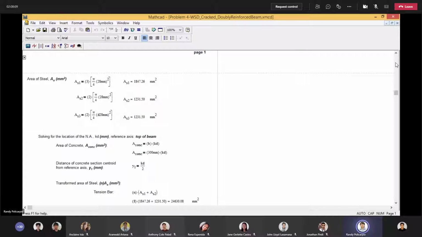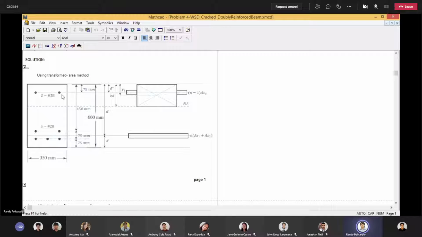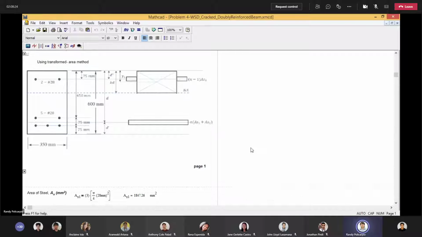Now, for your compression reinforcement, ano naman yung distance niya from the top? Given na, 75 millimeter. Okay? So, given na siya.